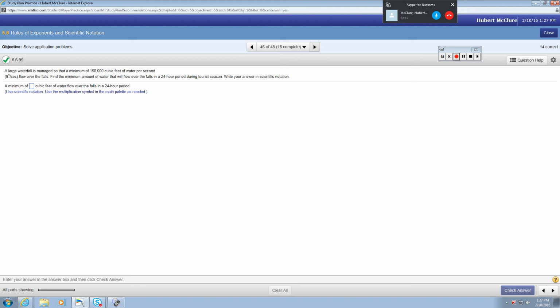So you've got to set this up as a fraction so you can take out seconds right up here. Well, why do you want to take out seconds, Hubert? Does it ask for anything else? It asks for hours, and that's it. It's not asking you to change cubic feet to cubic meters or something like that. It's only asking you to change the seconds into hours. So that's the only thing you're changing. So leave this alone.